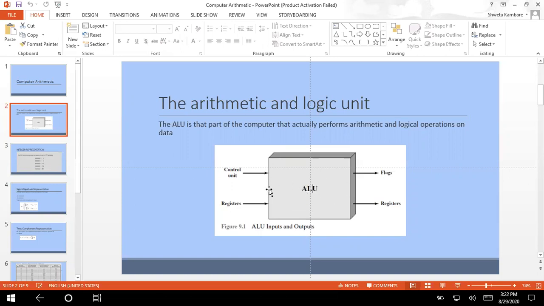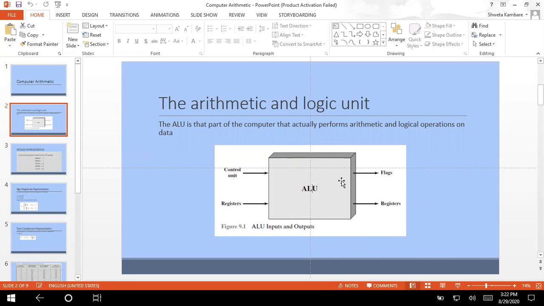It performs the operation specified by the control unit, whether it's addition or subtraction. After completion of that operation, the ALU returns the result, and that result is stored again in registers.